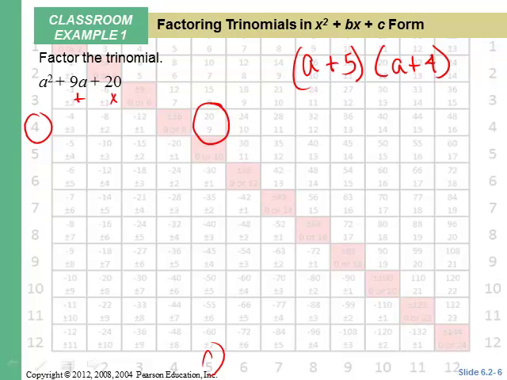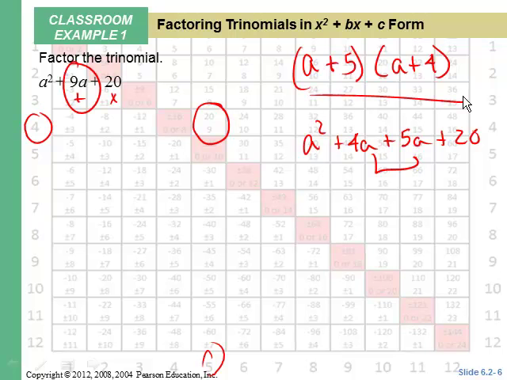And if you multiply it out, you get a squared, that's the first, outside is plus 4a, inside is plus 5a, last is plus 20, 4a and 5a is 9a. So this is the factored form of that polynomial.